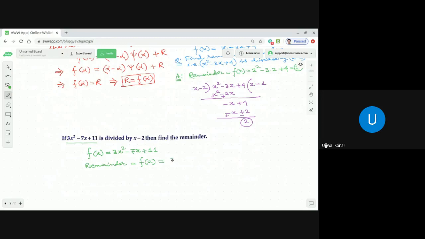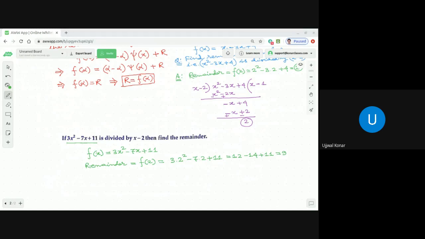So that is equal to 3 into 2 square minus 7 into 2 plus 11. So that is equal to 12 minus 14 plus 11, which is 9. Correct or not? So quickly we found it out.